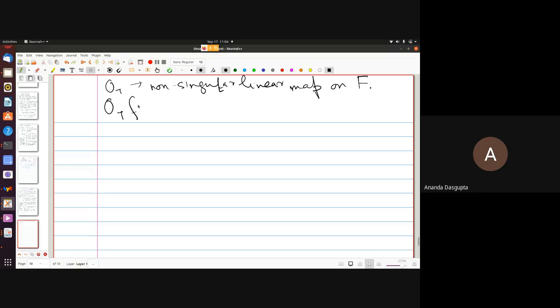So how do we go about doing that? There are several things to check. First of all, is it linear at all? Linear means this: when OT acts on alpha 1 F1 plus alpha 2 F2, which is a linear combination of two functions, does it give you the linear combination of OT F1 and OT F2?